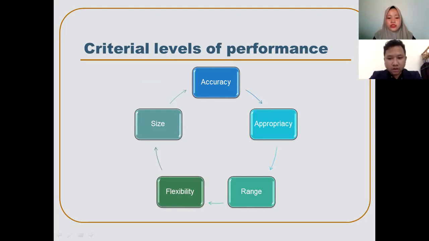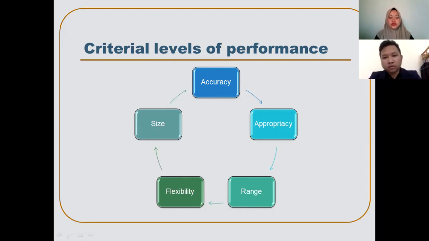And next, range. A range of language is available to the candidate. And next, flexibility. Able to take the initiative in conversations, and to adapt to new topics or change of direction, though neither of these may be consistently manifested. And the last is size.